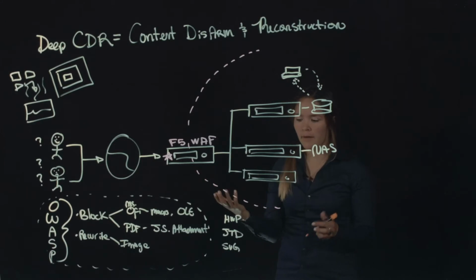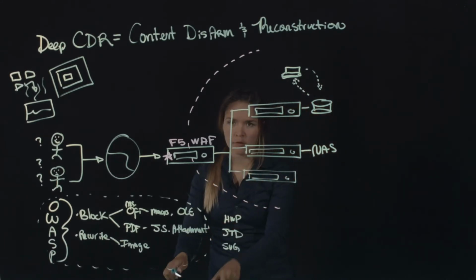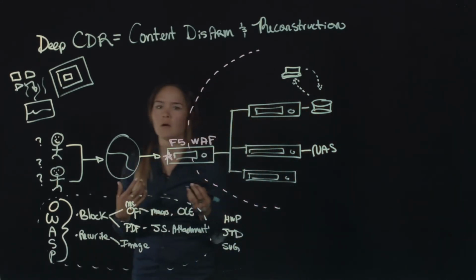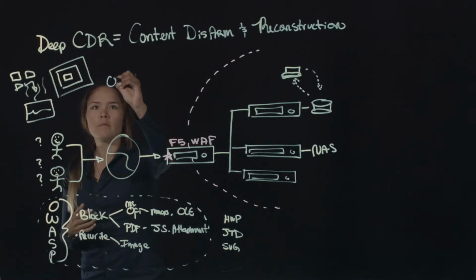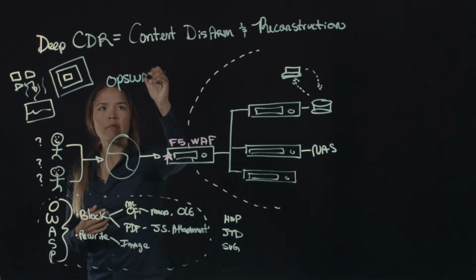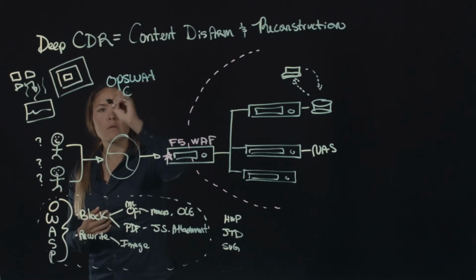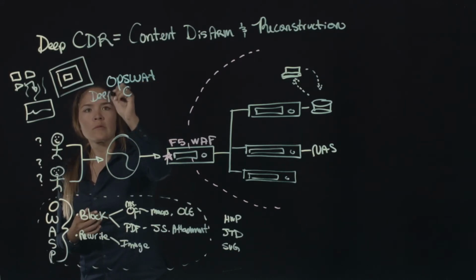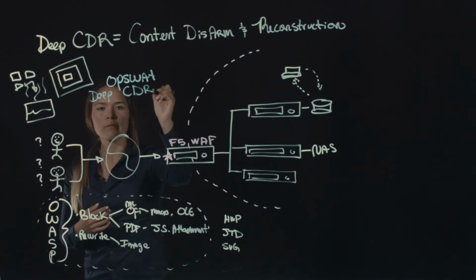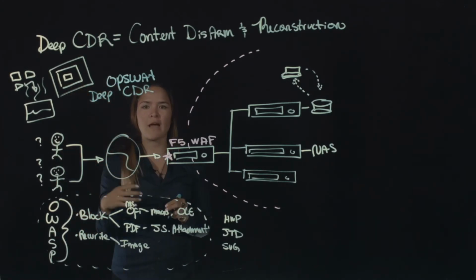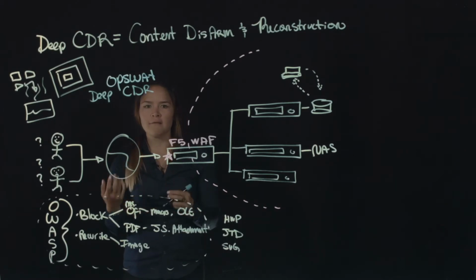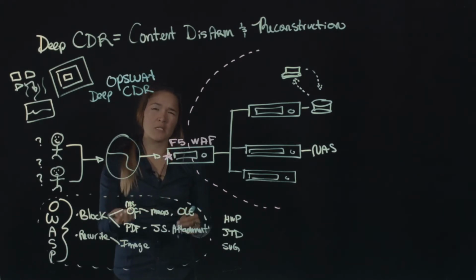Well, the better alternative is the Opswat CDR approach. So I'm going to go ahead and draw Opswat related things in blue. The Opswat Deep CDR approach doesn't have any prejudice about identifying which contaminants are in a potential threat vector.